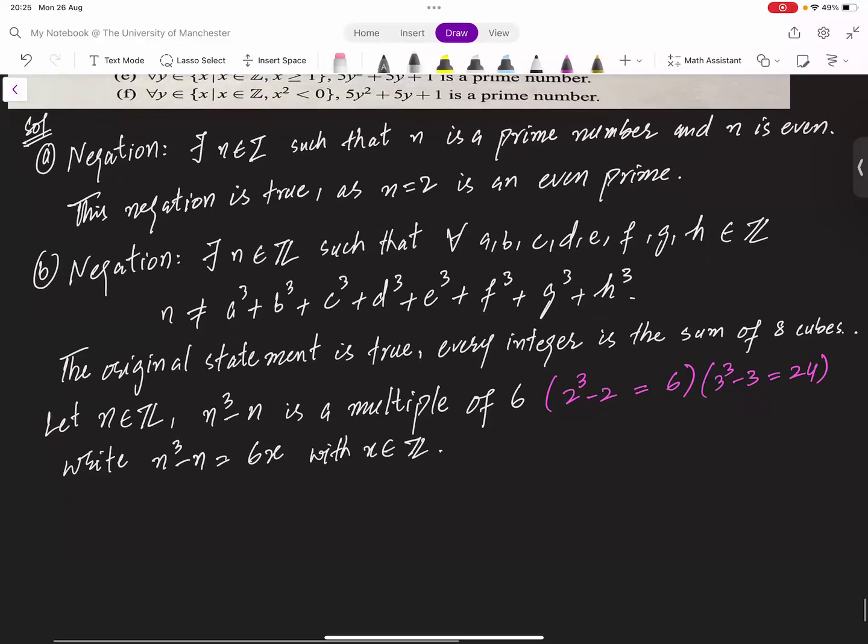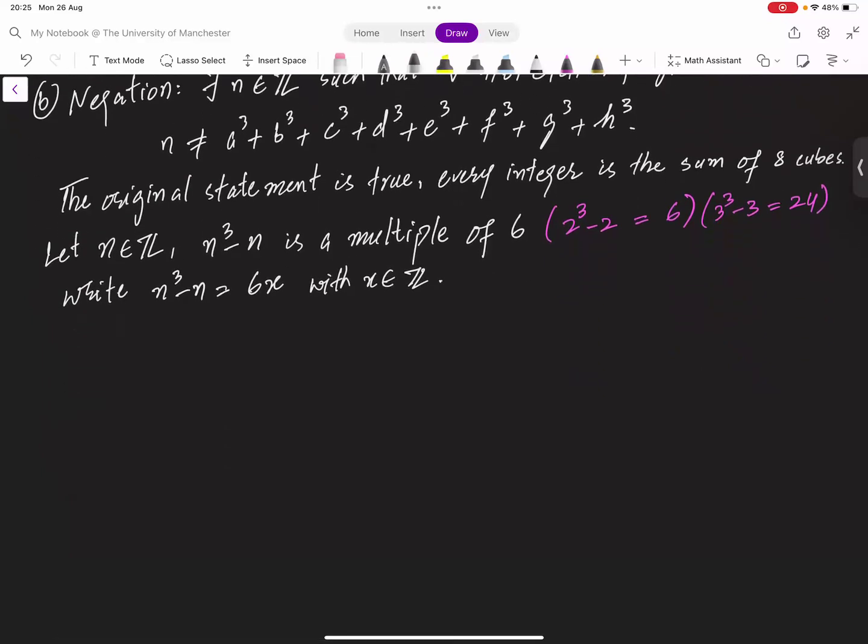Now observe that if I cube the brackets, x plus 1 cube plus x minus 1 cube, that will be 2x cube plus 6x.